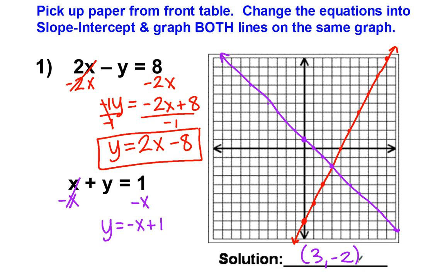Here's what I mean. If x is 3 and y is negative 2, well, if I put 3 and negative 2 here, 3 plus negative 2 is 1. It works. And if I put a 3 here and a negative 2 here, well, what's 2 times 3? It's 6. You minus a negative, it adds. And 6 plus 2 is 8. So it works for both of the equations.